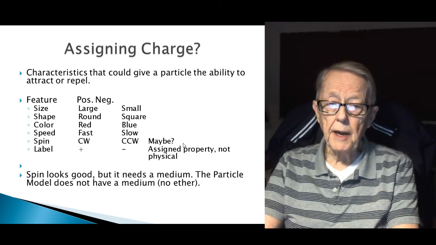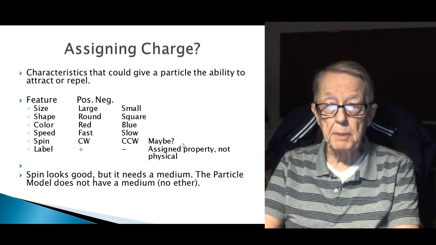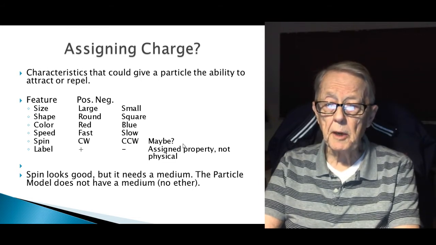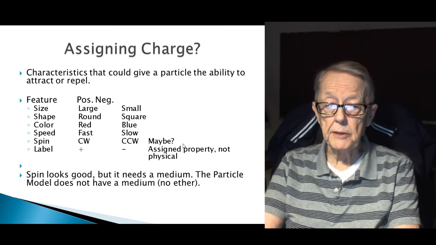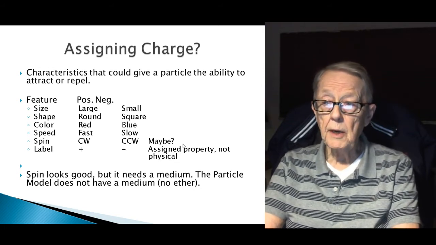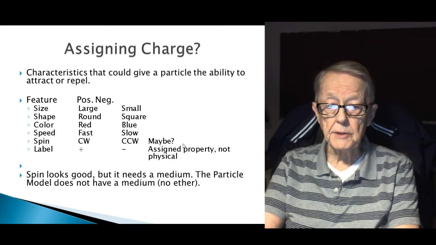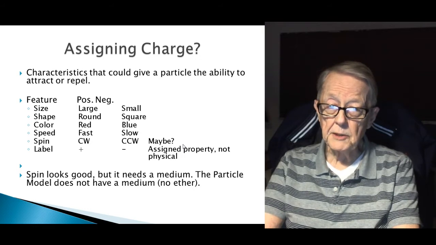Spin looks good, actually. I tried to make spin work any number of times, but spin needs a medium. There's an experiment done by Ian using cylindrical drums spinning in water, and he can show how they attract and repel. Quite interesting. However, the particle model does not have a medium.